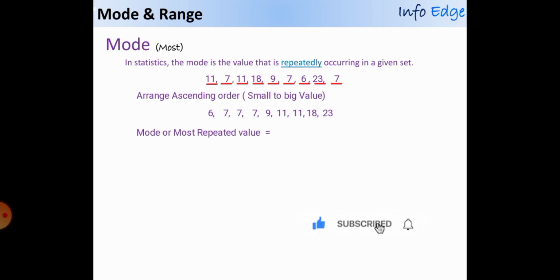So here the repeated value is 7, which occurs 3 times in the set. So the mode, or most repeated value, is 7.